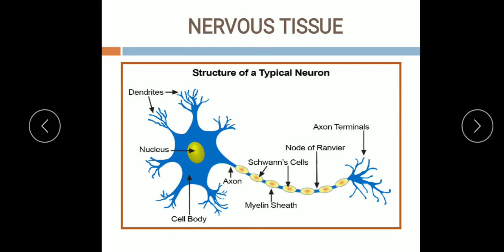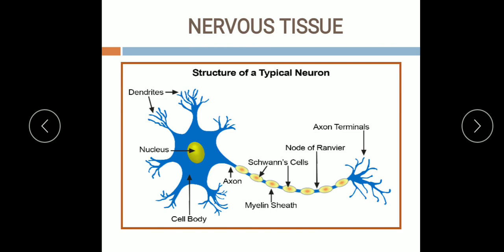The changes which are taking place in the surrounding, we receive with the help of nervous tissue, and it responds very rapidly from one part of the body to other. We feel, we sense with the help of the nervous system only. And the brain, spinal cord and nerves are the organs where this nervous tissue is present.